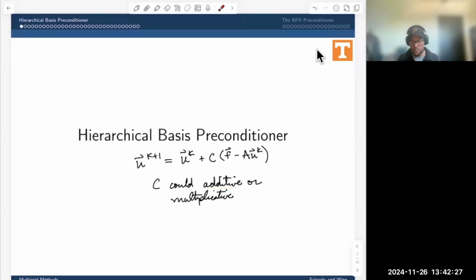And the reason why this is useful is based on a discussion we had previously. And that is that, well, if it's additive, the C matrix can be written like this. And we can do these processes associated to each one of these sub-iterator matrices in parallel. So in other words, I can apply this C by breaking it up into its constitutive parts and doing it in parallel.